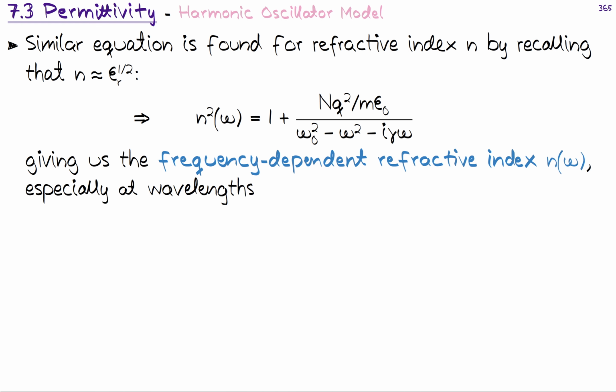Now we have the frequency-dependent refractive index, and this is a good equation when we are far away from resonances, because then we can effectively describe many resonances using a single resonance, since usually just one major contribution dictates most of the response.